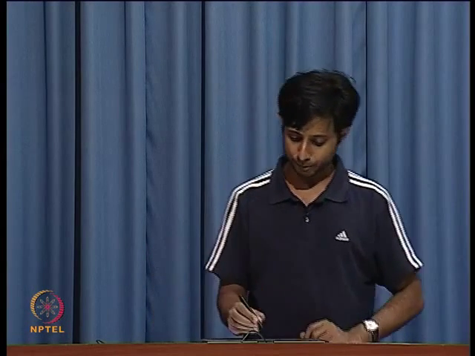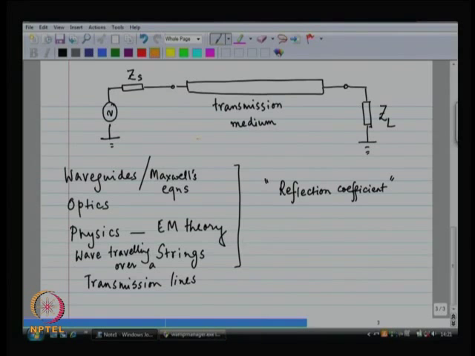So, with this background, I am going to frame the sentence. The sentence is like this: I am going to launch a wave from the source over a transmission medium and receive this wave over the load. What is going to happen is, when I launch the wave over the transmission medium, the wave propagates over the transmission medium all the way to the receiver. Then it hits the receiver.